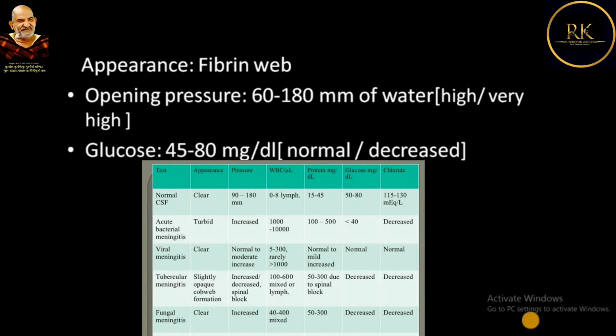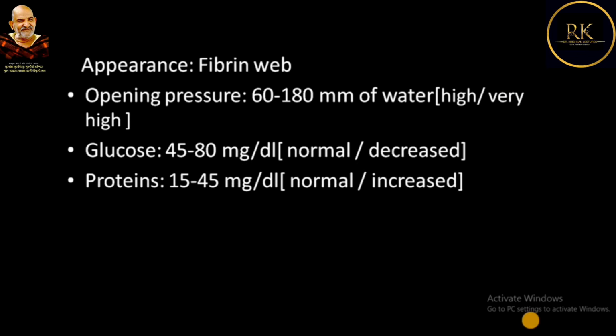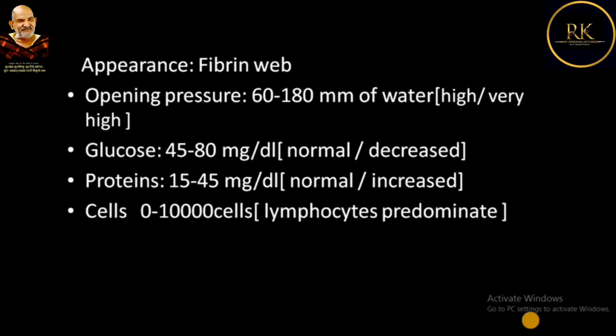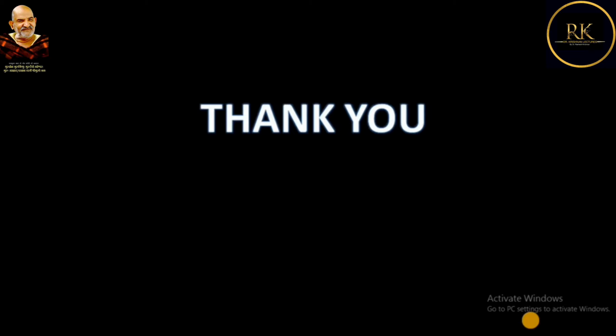Protein level is normal to increased in comparison to the normal protein level of CSF. And cells are between 0 to 1 lakh, predominantly lymphocytes.